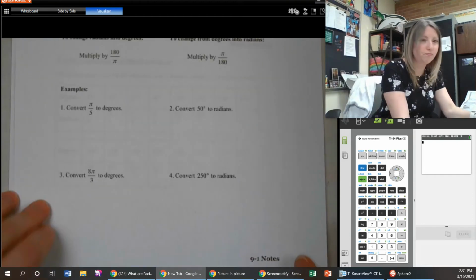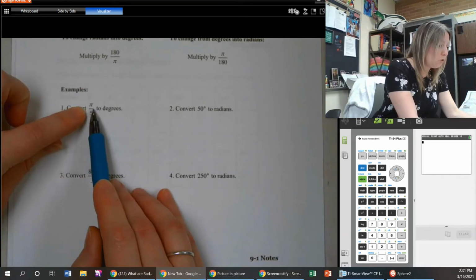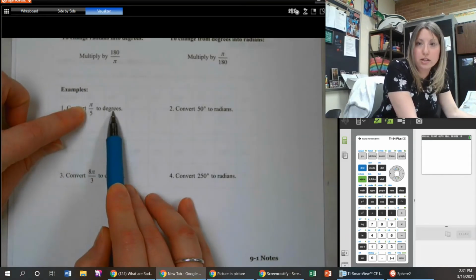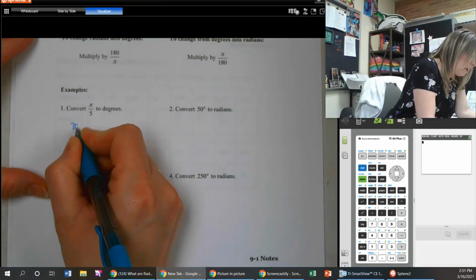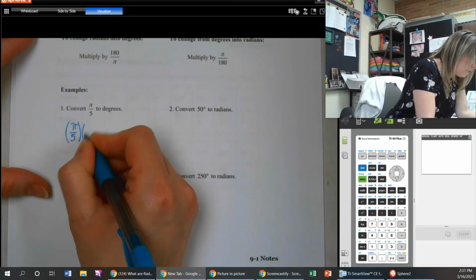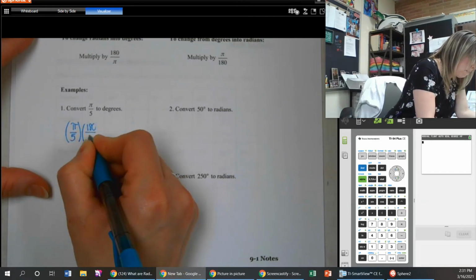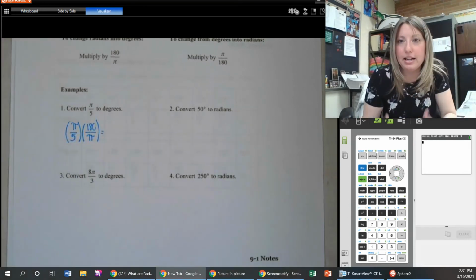So here, okay, we're going to convert pi over 5 radians into its equivalent degree measure. So what you do is you start with the pi over 5 and you multiply it by 180 divided by pi, because I'm converting into degrees and I want pi to cancel out.